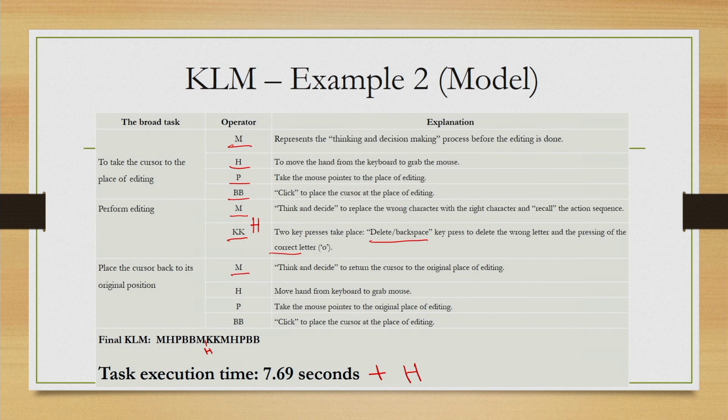So, that is again making a decision at the beginning. So, that is M followed by H, homing operator. So, from keyboard we want to get back to mouse, then P. So, bringing the mouse pointer to the correct position and then placing it there by click or BB. So, the sequence is M, H, P, BB, M, H, KK, M, H, P, BB. And the total time is 7.69 seconds plus time for homing, which is not shown in this sequence.